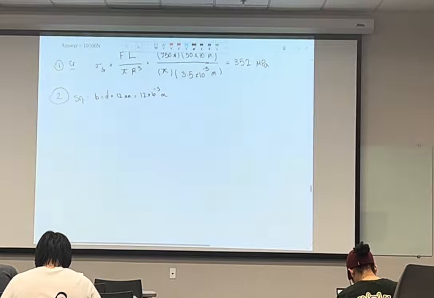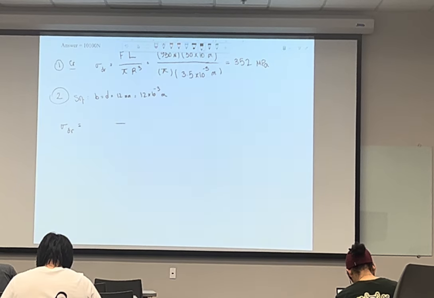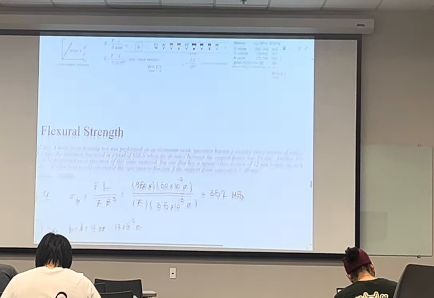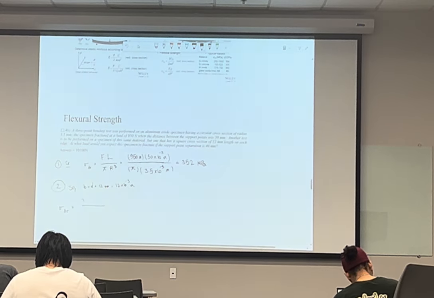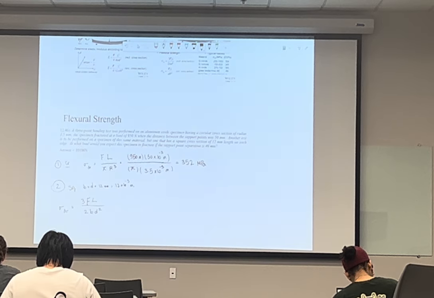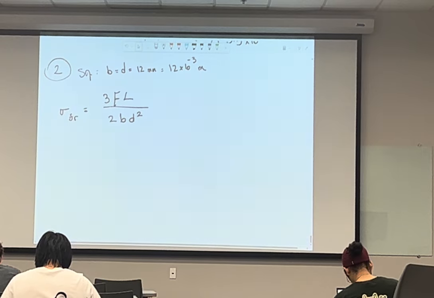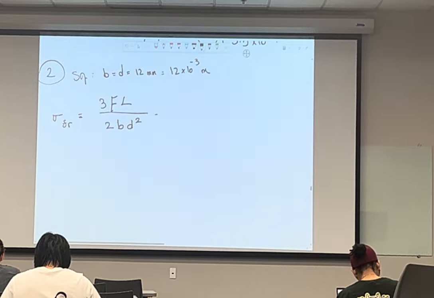We can write down the same thing actually. The strength is going to be equal to, look at this formula here, 3FL over 2BD squared.